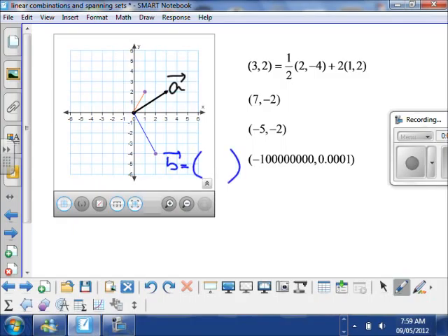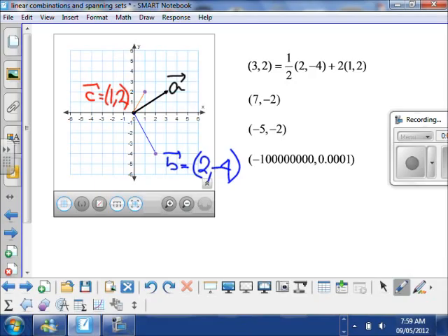Well, the x-coordinate is 2, the y-coordinate is -4, so B is 2 and -4, that's my blue vector, and then my red vector is vector C, and the coordinates of vector C are 1 and 2. So, two random vectors. Can I write the black vector as a linear combination of blue and red?